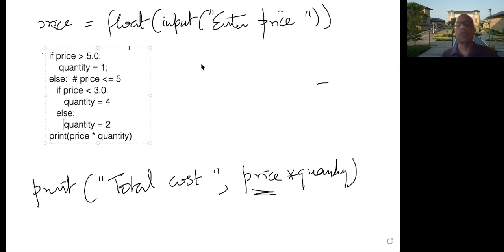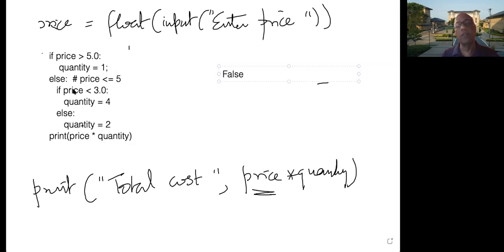So that value is called false. Okay. So price greater than 5 is false. So quantity will not be set to 1. We are assuming price is $3. So if price less than 3.0, is this true or false?